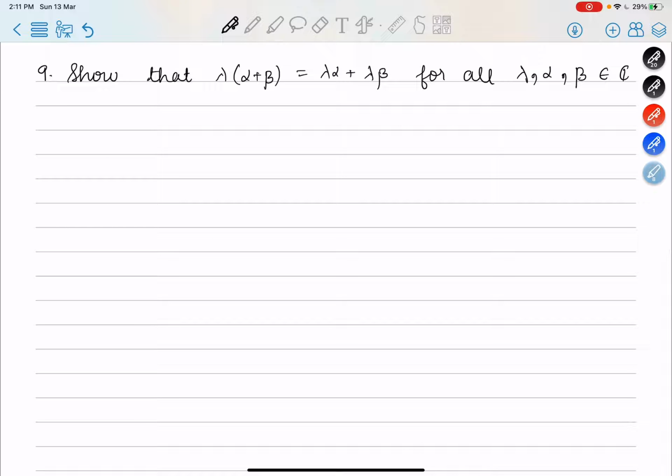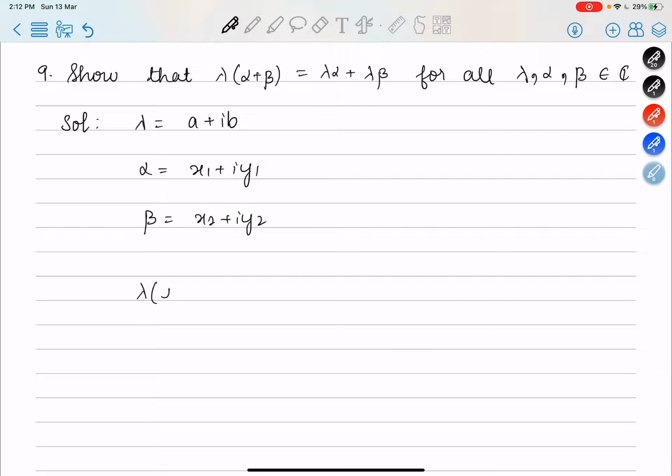In the ninth one, show that lambda times (alpha plus beta) equals lambda alpha plus lambda beta for all lambda, alpha, beta in C. Again here, what we can choose is lambda to be some constant a plus ib, alpha to be x1 plus iy1, beta to be x2 plus iy2.